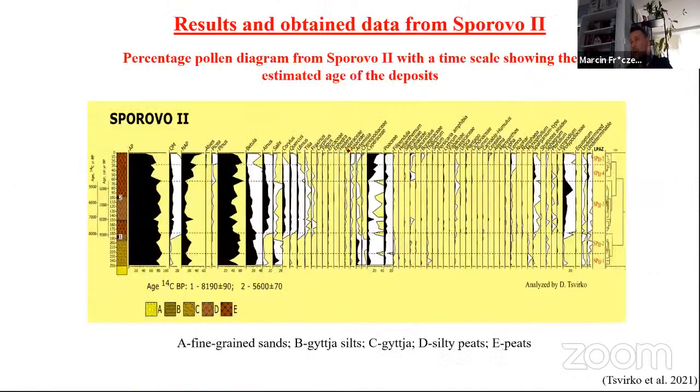Because when we compare with the palynological analysis that was made by our colleague Dimar Cwirko, this date correlates quite well with the pollen analysis. So that's why we are thinking that this 5.6 is good, that 5.2 was mixed with younger sediments, or something else could have gone wrong with this dating, and this palynological analysis confirms our thesis in this case.